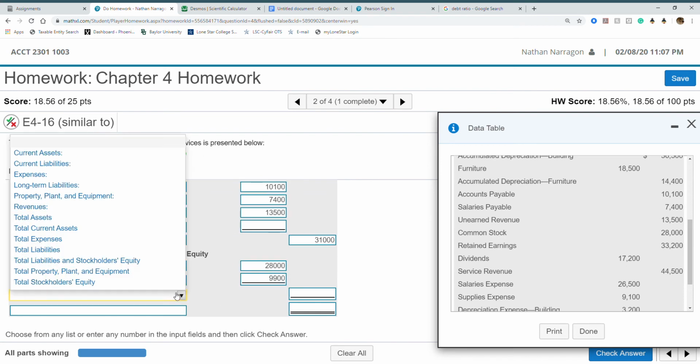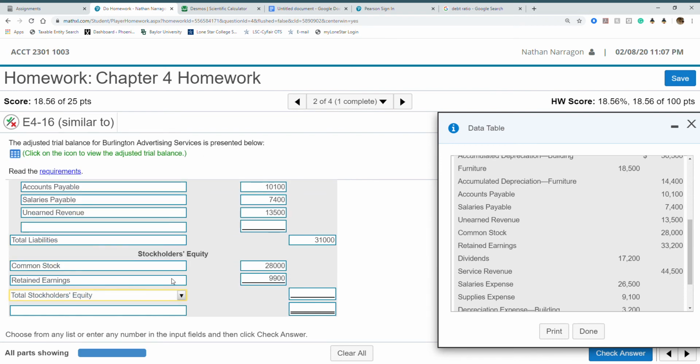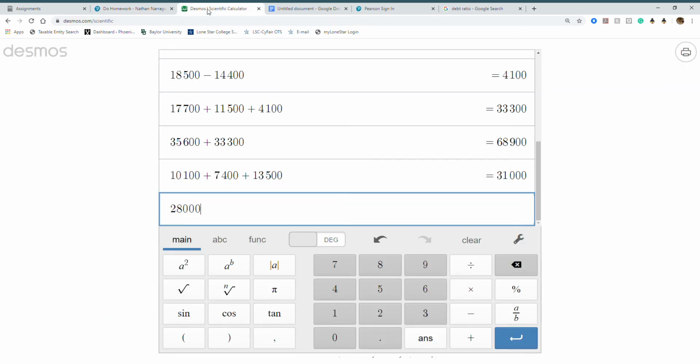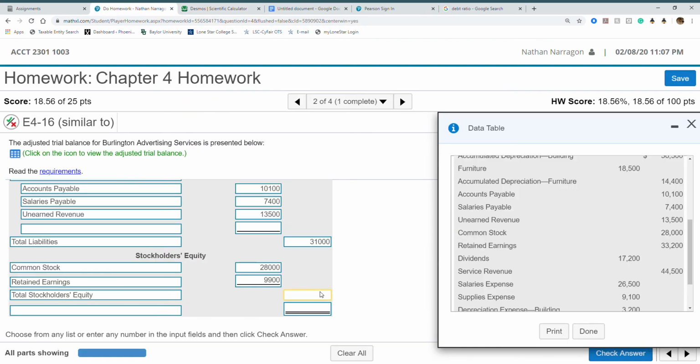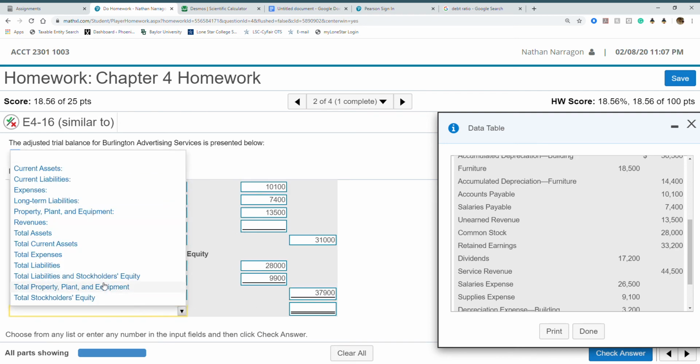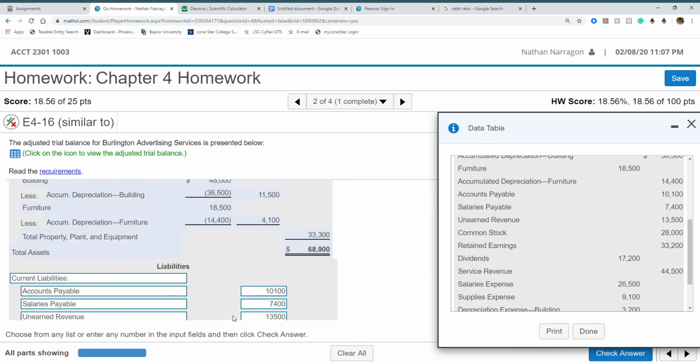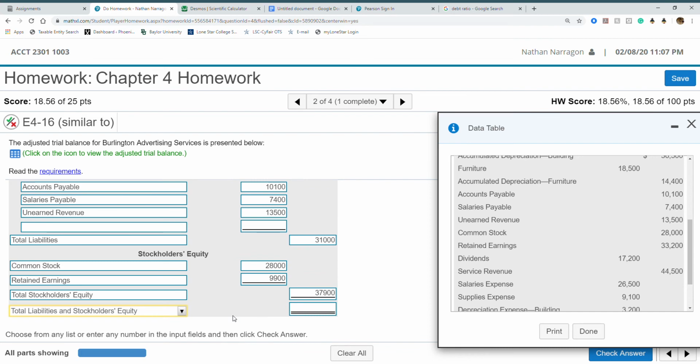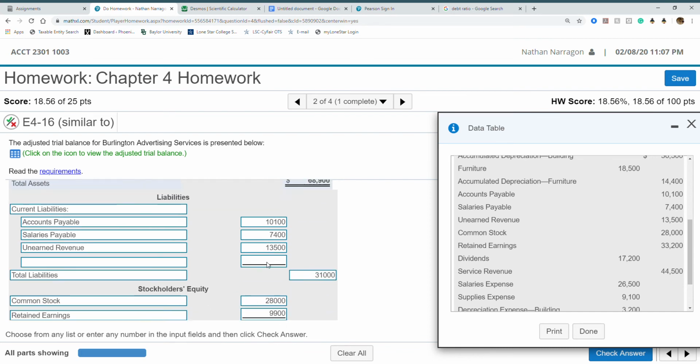Okay. This is of course our total stockholders' equity. So 28,000 plus 9,900, 37,900. Okay. Total liabilities and stockholders' equity should equal 68,900.